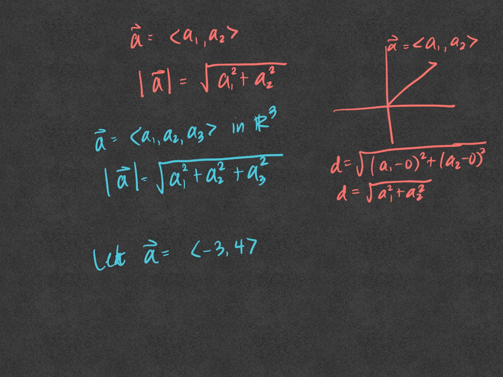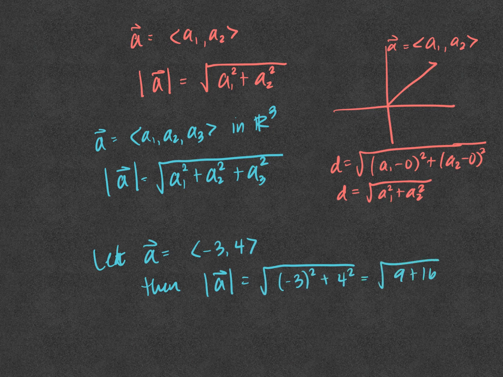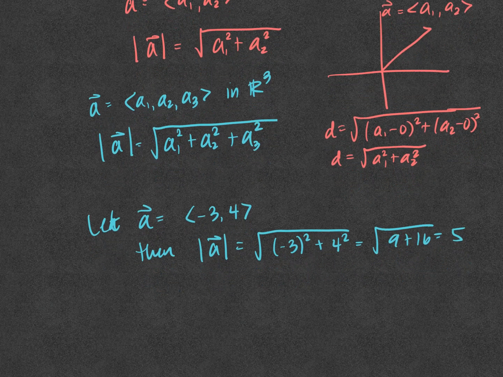We could do a 2 space. Let's go ahead and do the 2 space. So let's let A equal negative 3, 4. Then we can say that the length of A, or the magnitude of A, is the square root of A1 squared plus A2 squared. So we're going to take negative 3 squared plus 4 squared. So we get the square root of 9 plus 16, which is 25, and that gives us 5. Nice Pythagorean triple there, isn't it?